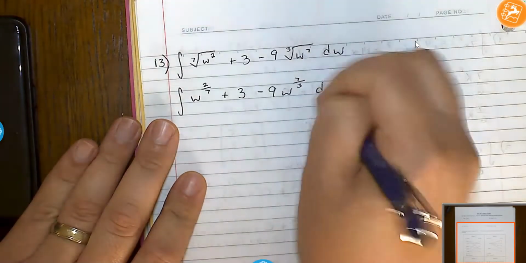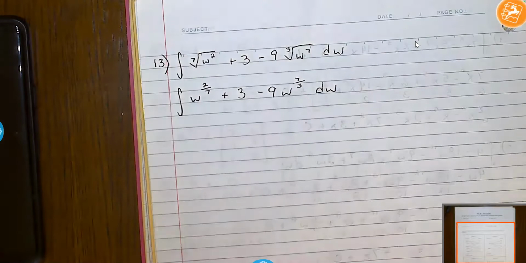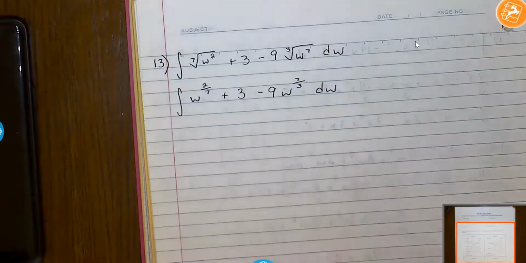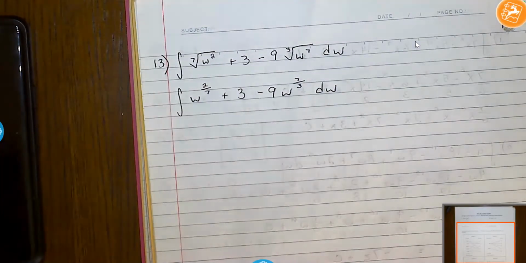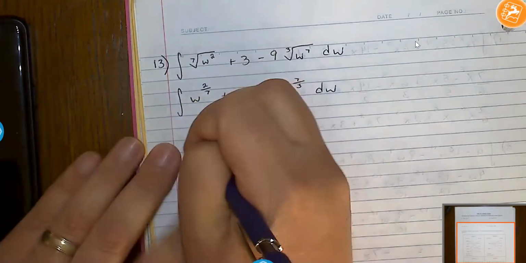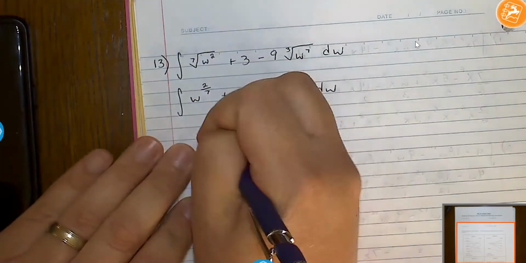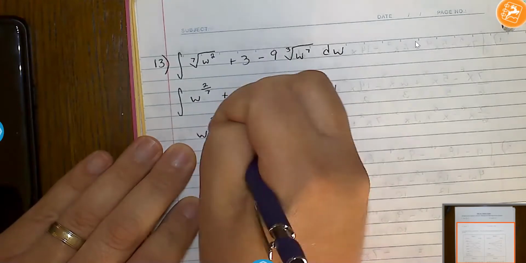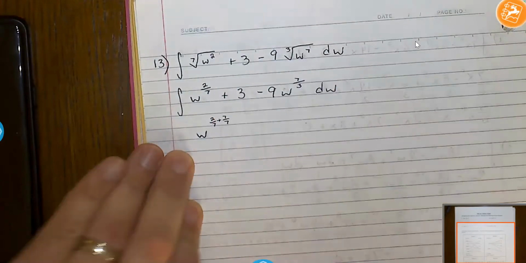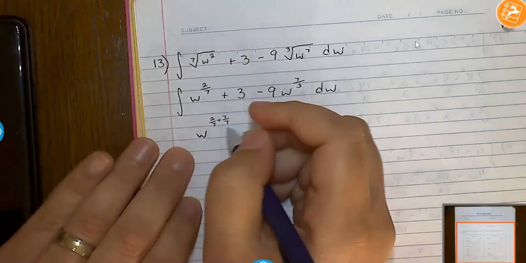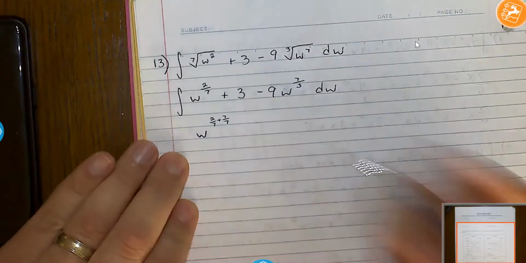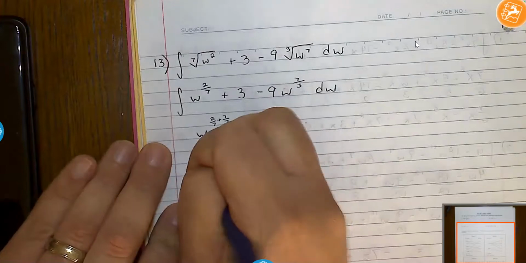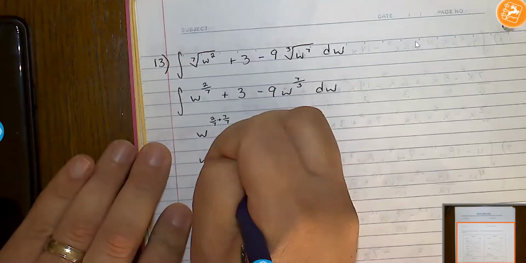Okay. The tricky part about dealing with these fractions is now you have to add 1 to the fraction. So this becomes w to the 2/7 plus 1, which would be 7/7. So 2/7 plus 7/7 would be 9/9... 9/7.